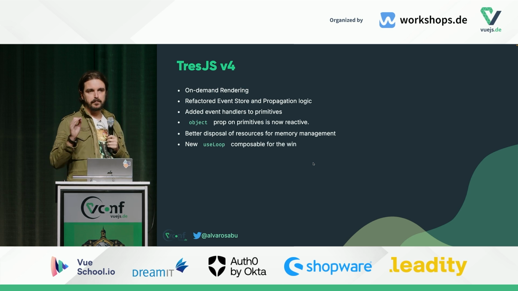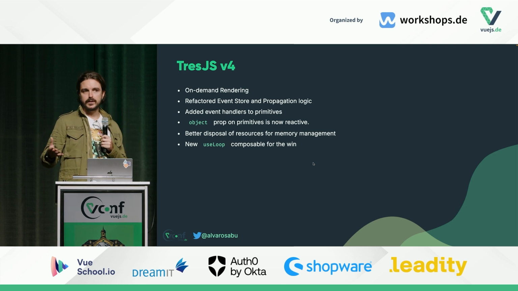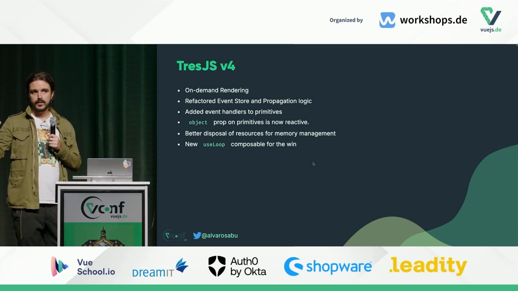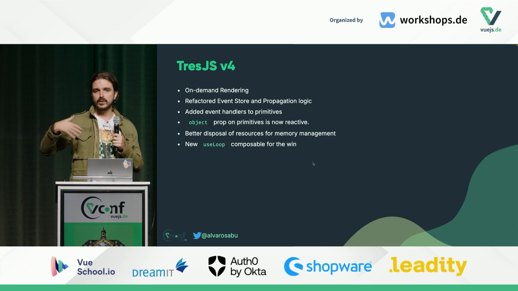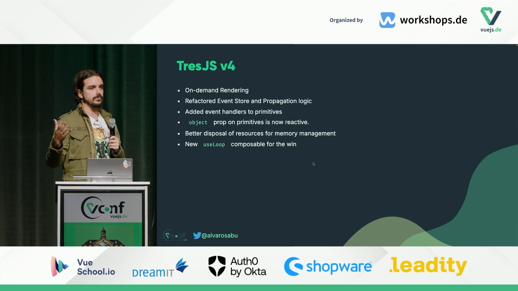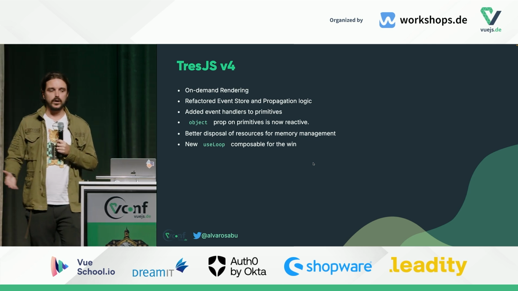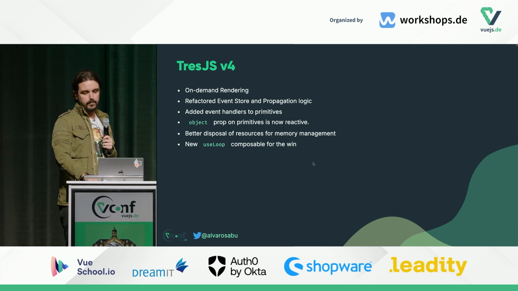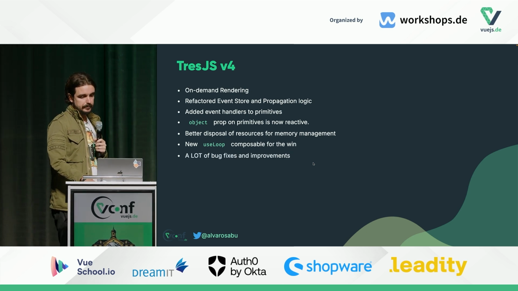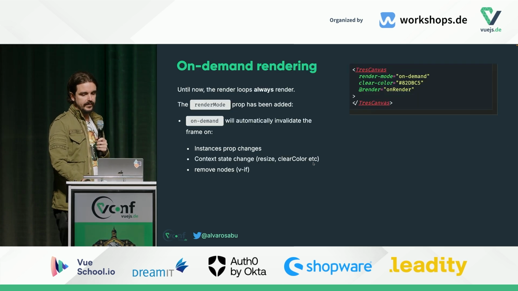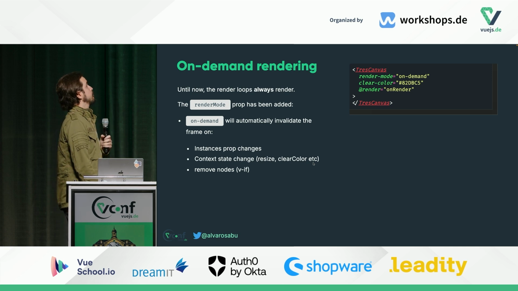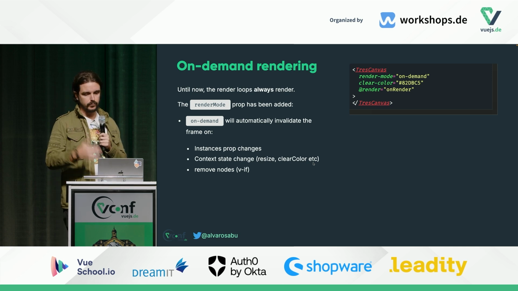But the most important part of V4 was a new render loop. Because when you do 3D, you are creating an image, and you have to iterate that every frame per second to create a new image to show an animation, like how animation movies or games work under the hood. So we created a new composable that does it in a better way. And of course, a lot of bug fixes and performance improvements.